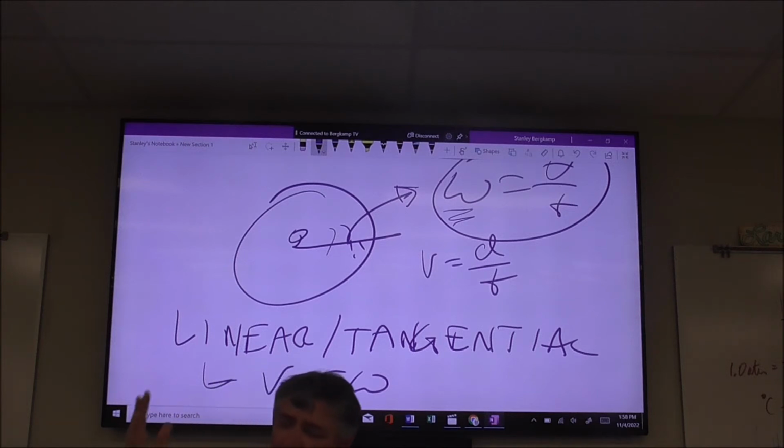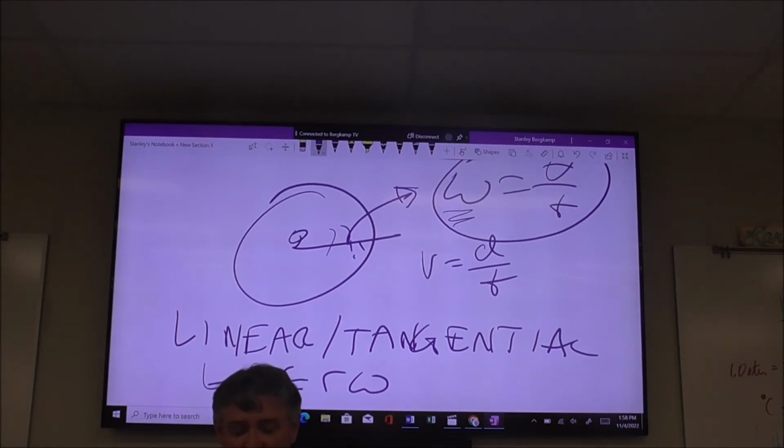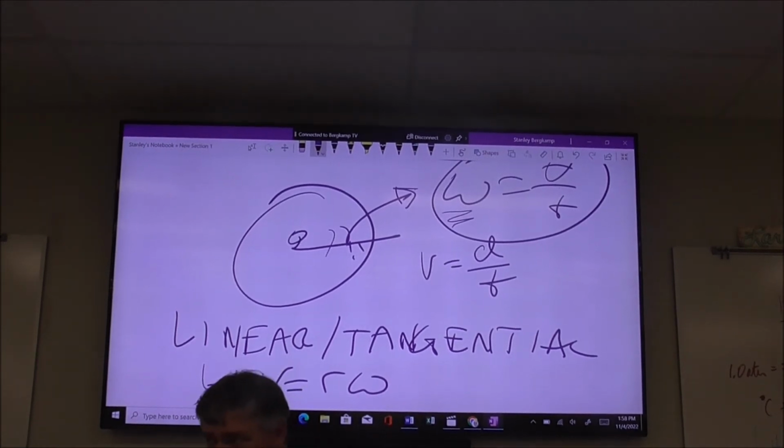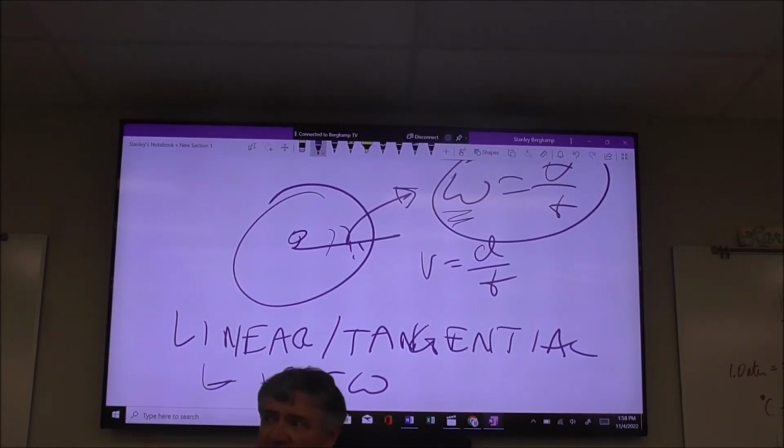There's a couple of ways you can think about this. As this wheel spins around, imagine that you had a little radar gun, and you could shoot the speed, notice I said speed, at this point or a point further out on the outside. Would both points have the same speed?